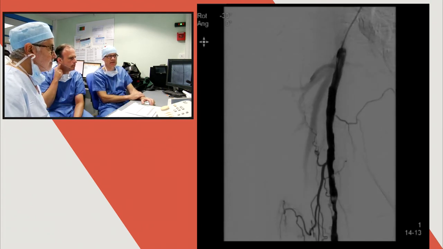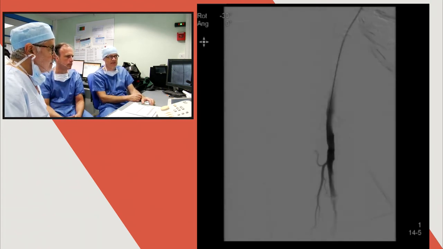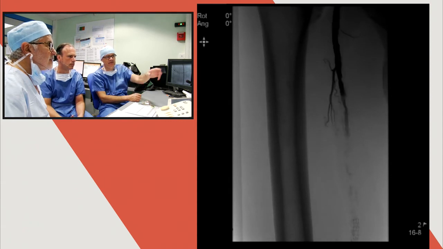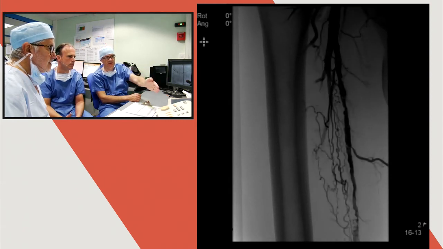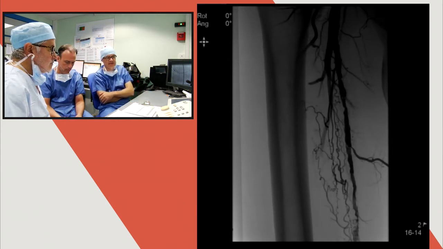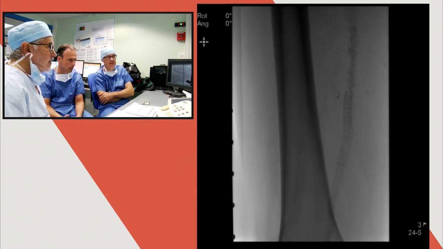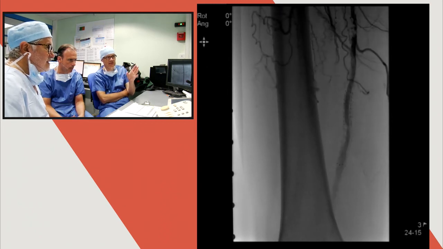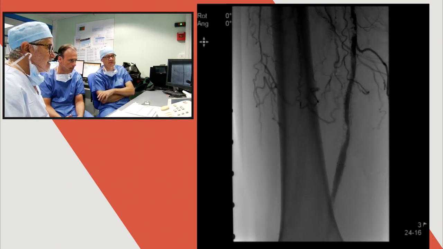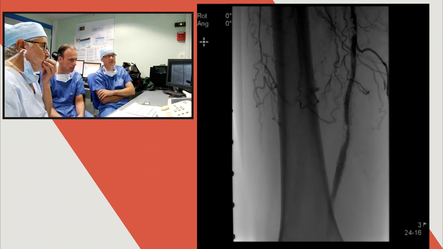In fact, what we see now, having an antegrade stick, is a severely calcified SFA. Then we have a subtotally occluded stent in the middle part of the SFA, so it's not a complete occlusion. There seems to be a small channel, and then we have a short segment without a stent, which is diseased but not severely stenotic, and a short in-stent restenosis at the distal segment of the SFA.